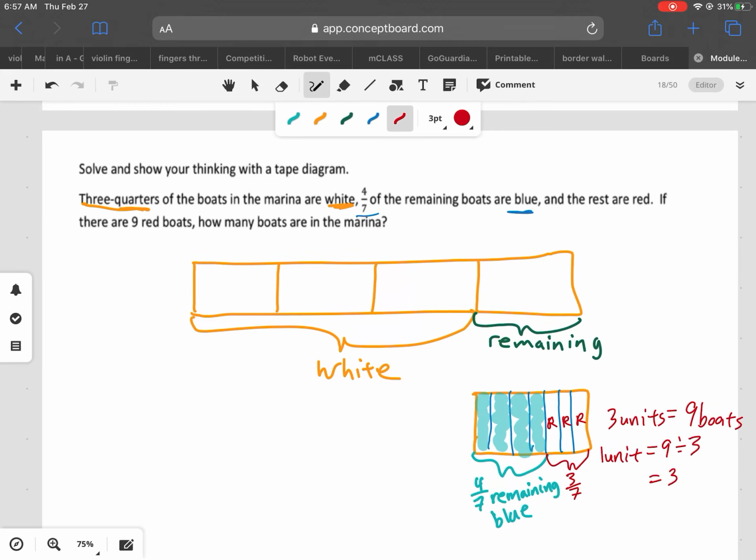So therefore, we have 3 here, 3 here, 3 here, 3 here, 3 here, 3 here, 3 here. So that's 3 times 7. That means that there is a total of 21 here. Now you might be saying, how'd you get 21? Well, again, we have 3, so now we have to see what 7 units would be: 3 times 7, which is 21.